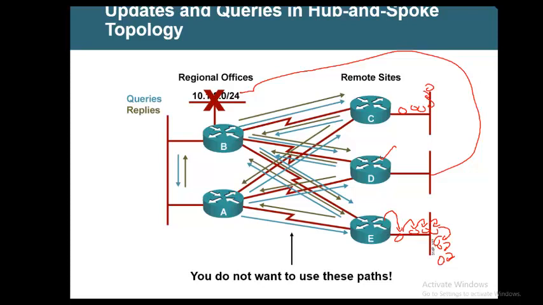Either C, E, and A should give a response, or they should come with some reply. C, E, and A should say, "We don't know." That is also a response. We don't know the path. C, E, and A should come and say to B that you sent me a query for this network. My response is, I don't know. I don't have the route.